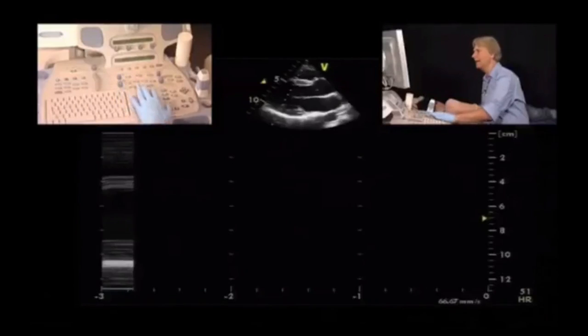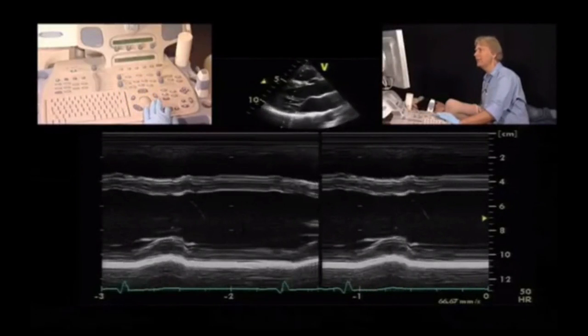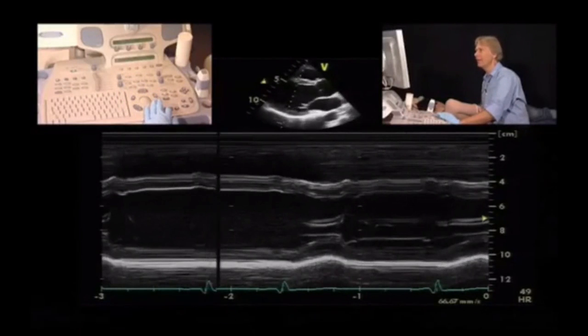In the following demonstration, I will now show you how we can acquire an M-mode tracing. To get an M-mode, we use 2D as a reference, and then we place a line through our sector, and the M-mode displays and records everything along this line.